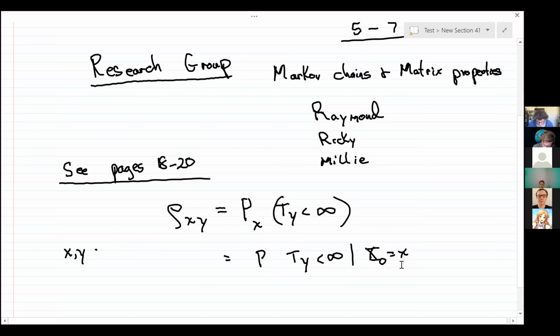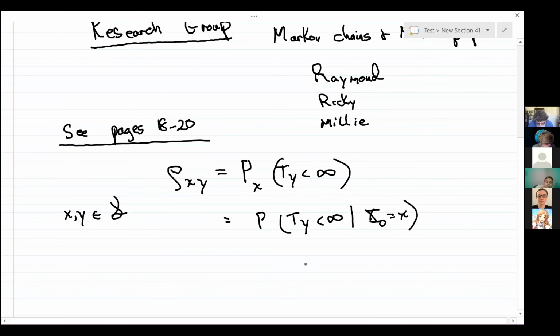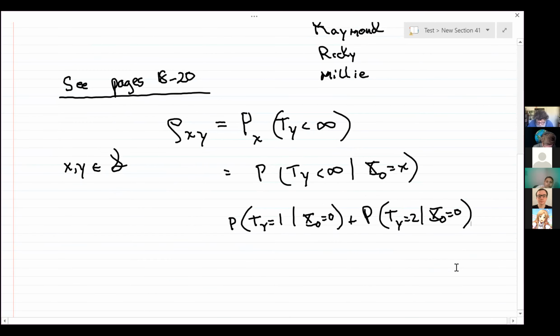And I'll write it as a sum. So the first time you hit y, given that you started at x, could be in 1 unit of time. Or it could be in 2 units of time. And the sum goes on forever. So I'll just do one more term and then use 3 dots.